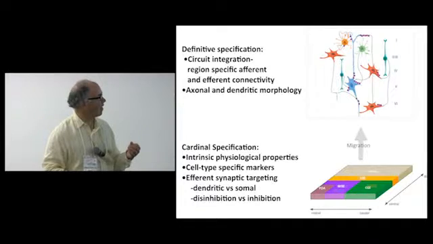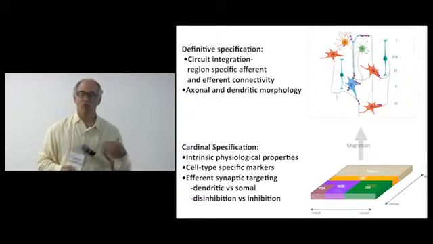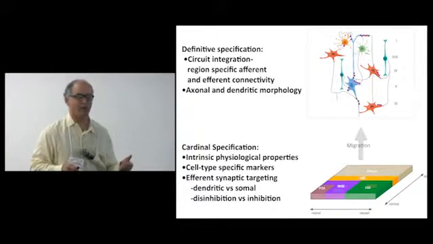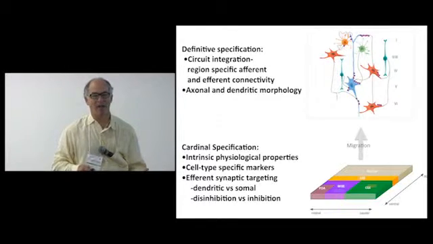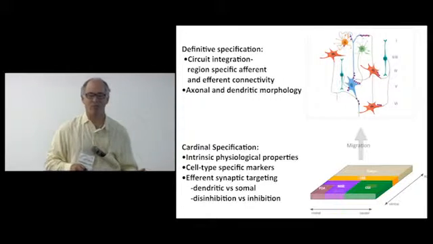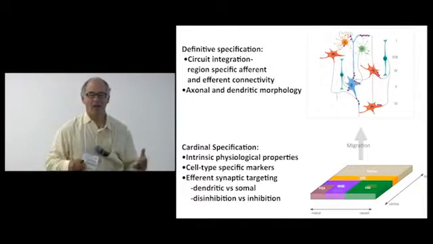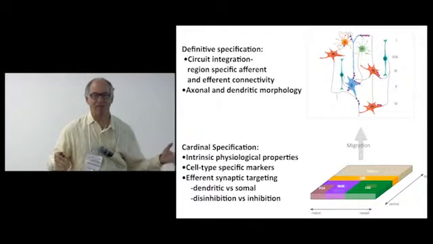Now, by contrast, I've come up with another term I call definitive specification, which is their circuit integration. And so although there are real strong similarities between the OLM cell in the hippocampus, the Martinotti cell in the cortex, and the low threshold spiking LTS cell in the striatum, they clearly have completely different environments, and as any anatomist can tell you, they connect up completely differently.